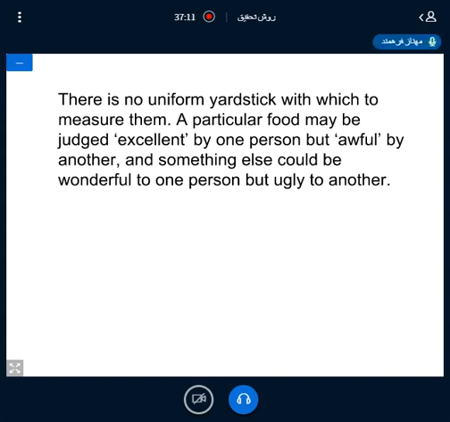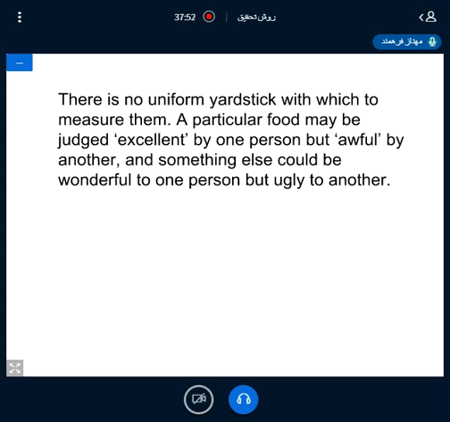Okay, there is no uniform yardstick with which to measure them.